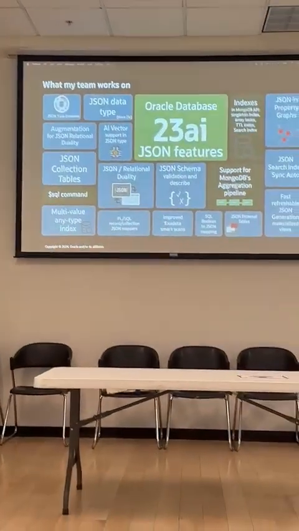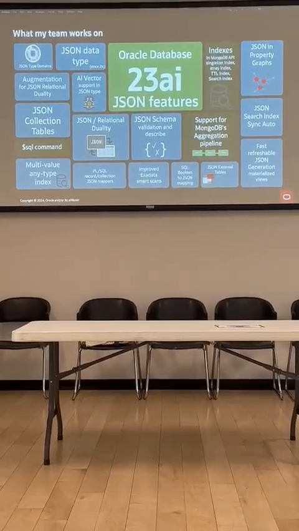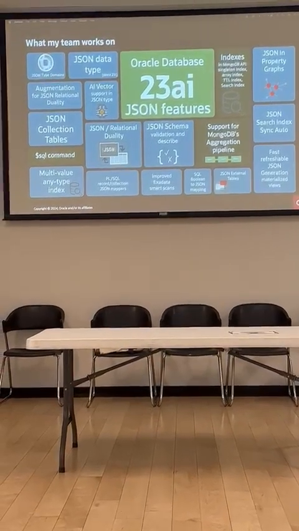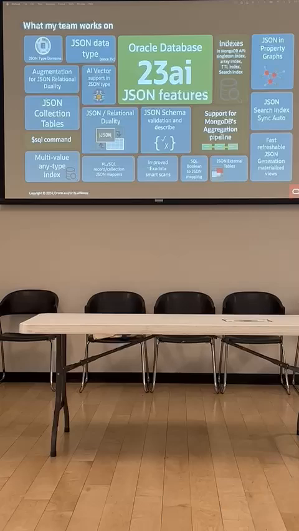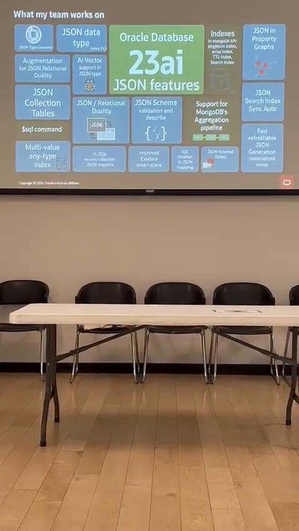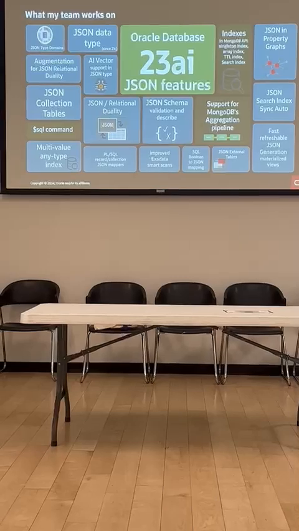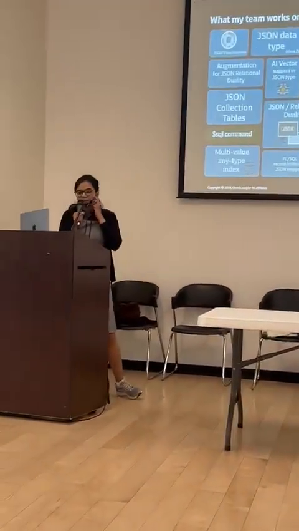So these are some of the features that my team has built. So we worked on JSON data type. Just like how Saurabh mentioned that there's a vector data type within Oracle database, there's also a JSON type where you can natively store JSON documents, and a lot of work has revolved around that.